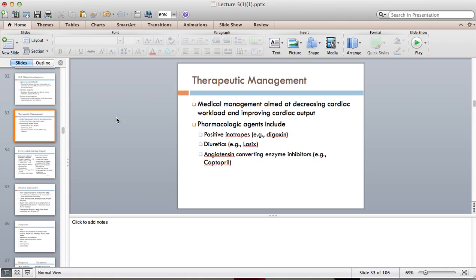We also need to get the fluid moving, and we give diuretics. And we also need to make the work of that heart very efficient by lowering the pressure, the first point of doing that being the use of the angiotensin inhibitor.